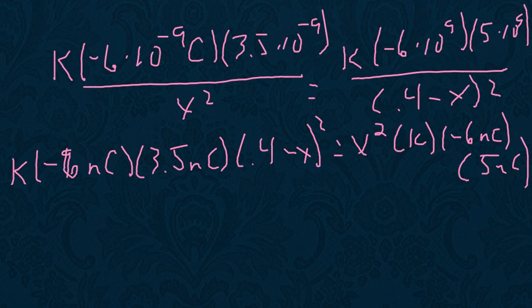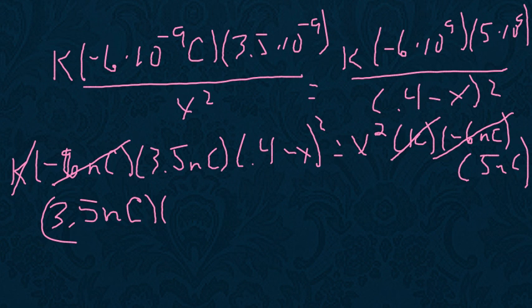First thing to do, start doing some canceling. I can cancel K, it's on both sides. Negative 6 nanocoulomb, it's on both sides. Now I have 3.5 nanocoulomb times 0.4 minus x squared is x squared times 5 nanocoulomb.